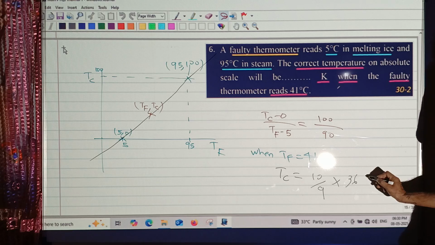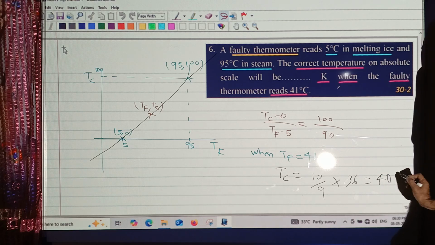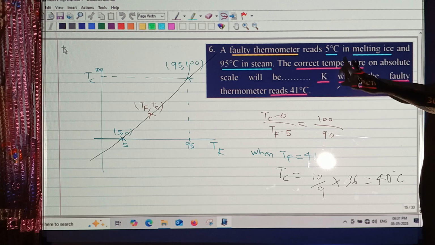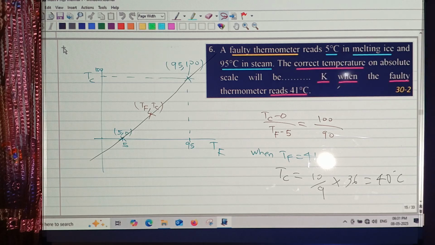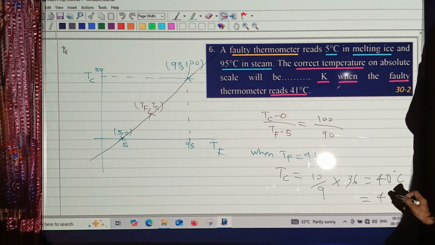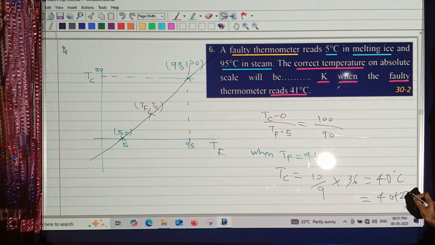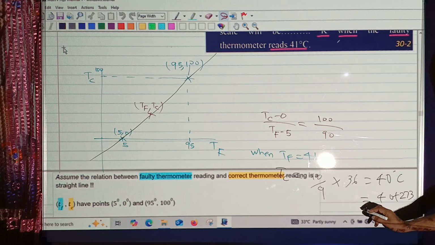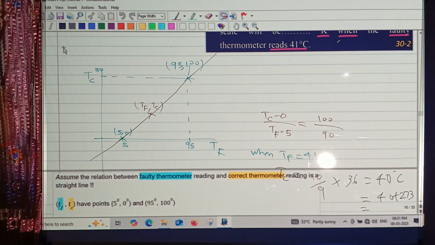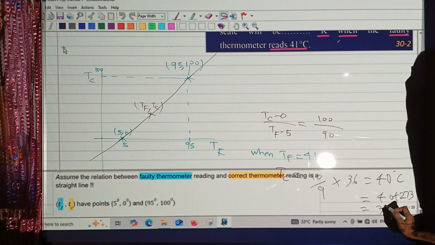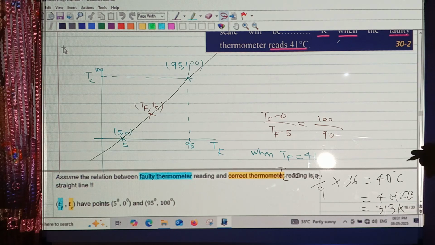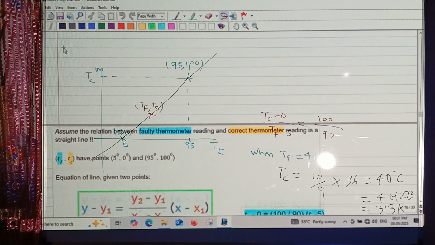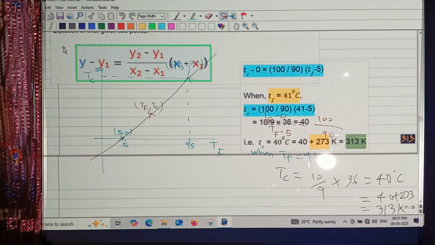So 9 fours are 36. So this value is 40 degrees Celsius, because both these readings, the faulty and the correct temperature, are in Celsius. But you have to find the answer in Kelvin. So this is equal to 40 plus 273. To convert to Kelvin, you have to add 273 to the Celsius degree. So this value is 313 Kelvin. So that is the correct answer.